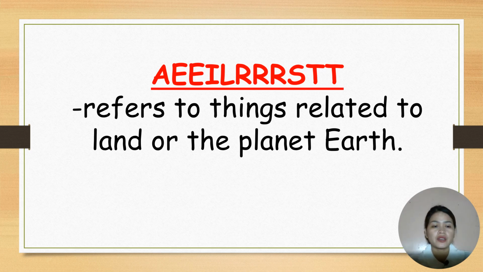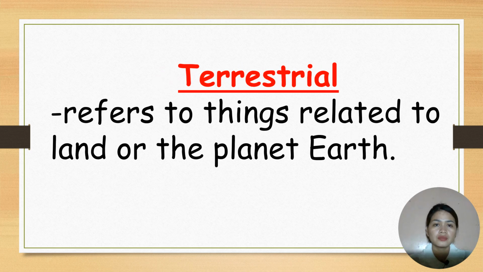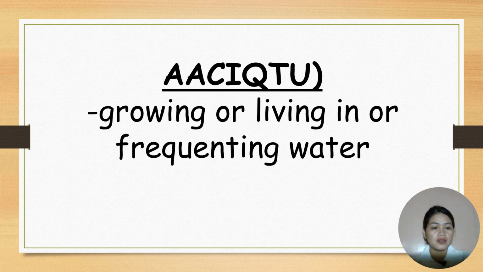For the planet Earth. Okay, that's right. The correct answer is terrestrial. When you say terrestrial, it refers to the things related to the land, just like when you say terrestrial plants, plants that live on the land.